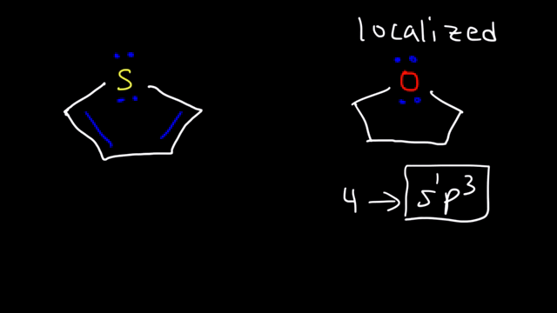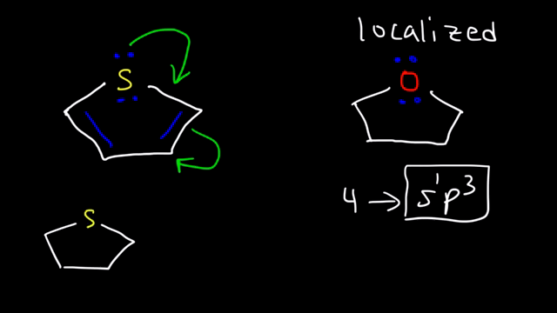Now what about the sulfur atom? One of the lone pairs can move, not both though. This lone pair can move here, causing a double bond to push 2 electrons on that carbon. So this will give us a structure that looks like this. So now the sulfur bears a positive charge, and the carbon bears a negative charge.